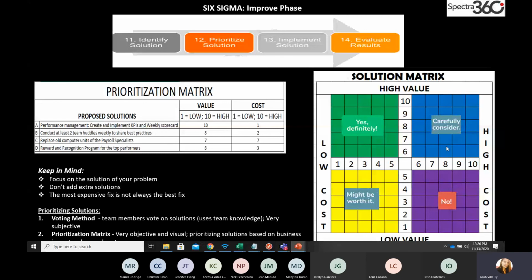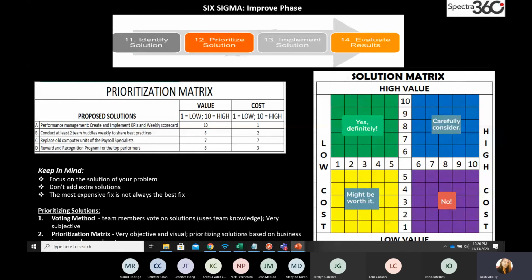Take note, anything with high value and low cost, definitely go for it. Implement the solution. Anything with low cost and low value, it might be worth it, so maybe you can just put that on parking lot for now.